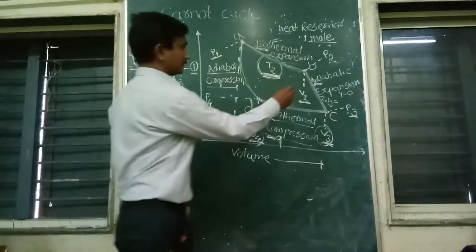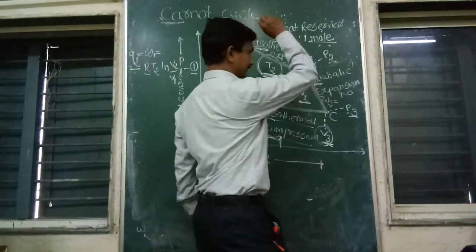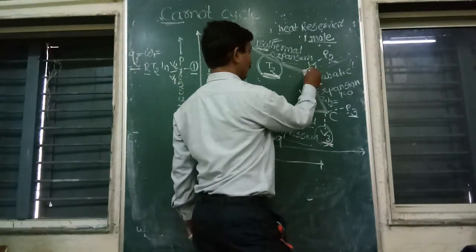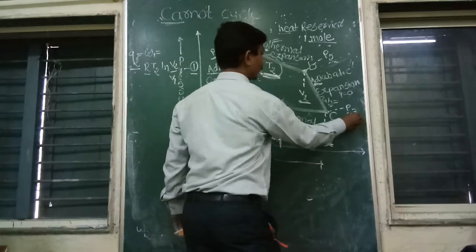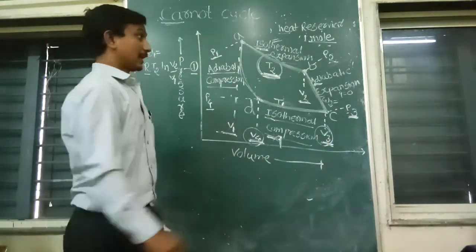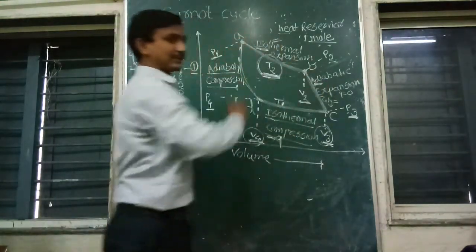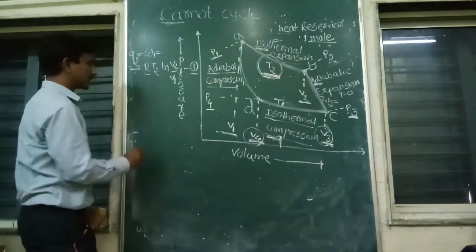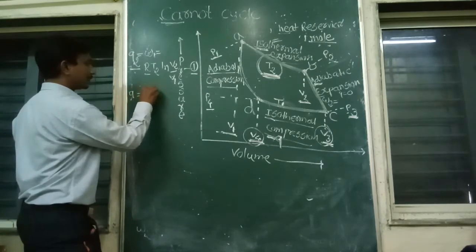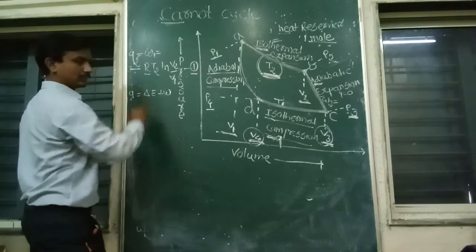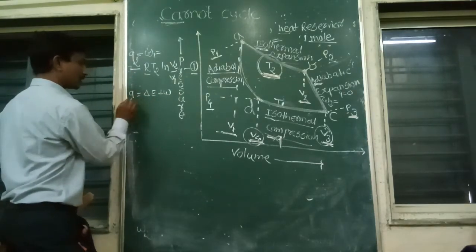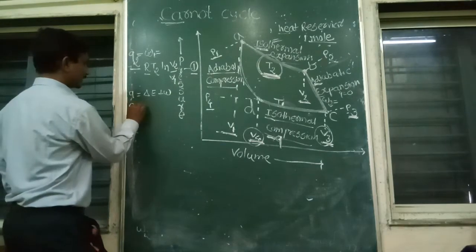Now in second step, the volume changes from V2 to V3. The condition is adiabatic condition. According to first law of thermodynamics, Q is equal to delta E plus W. But here Q is equal to 0 because the condition is adiabatic.